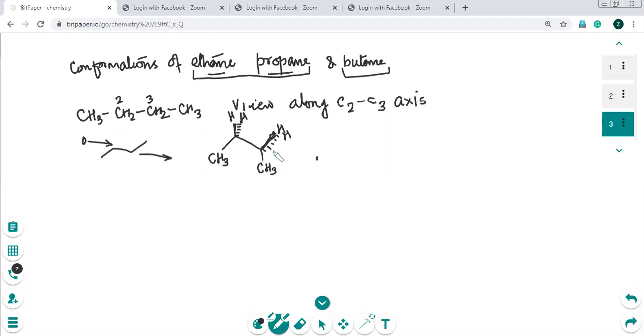Now see this. What should I do? I should draw the Newman projection of this. Then only we can see the dihedral angle. Now I'm observing from this side, and I'm drawing the Newman projection down over here. See here.